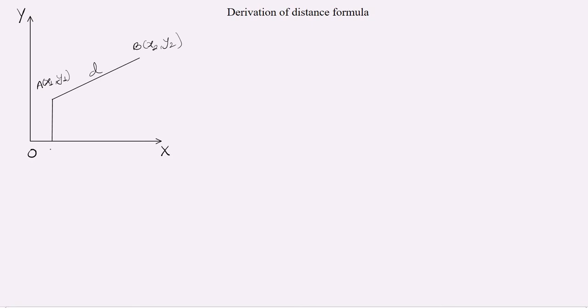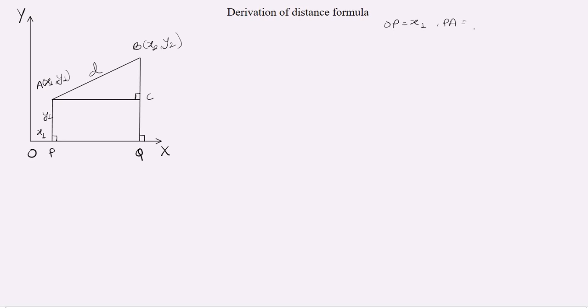Draw line AP perpendicular to the x-axis. Similarly, draw AC perpendicular to BQ. Then the measurement of OP will be x1. Right over here, OP equals x1. Then PA will be y1.